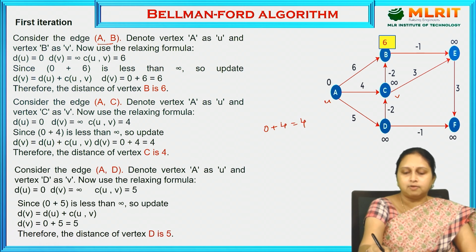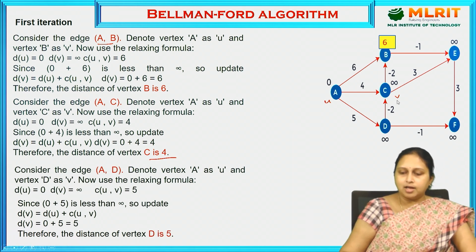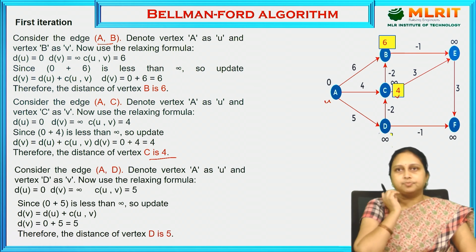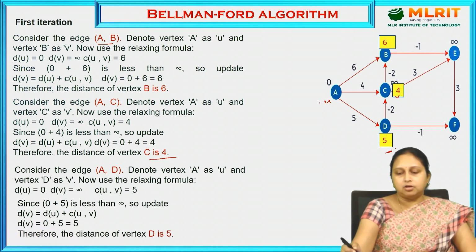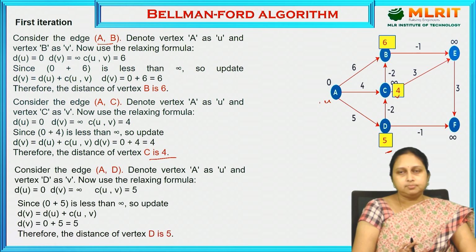You are going to get the value 4 for C. Next, I am going to find the distance for A to D. This is 0 plus 5, so you get the value 5. Previously, it was infinity for all these values B, C, D. Now, it is 5. Now, we have found it for the 3 edges.